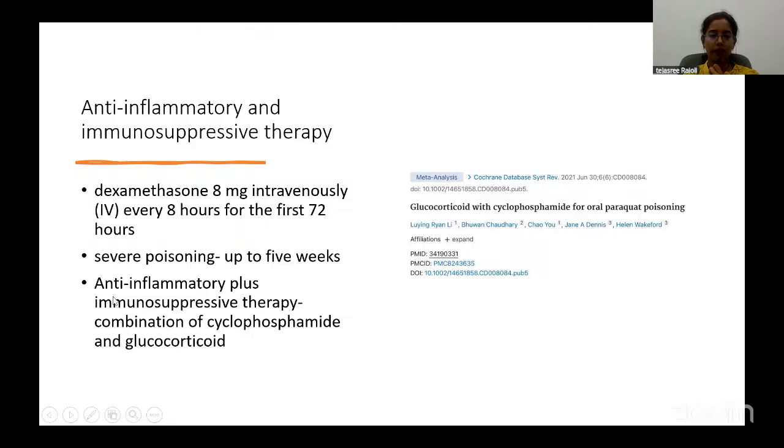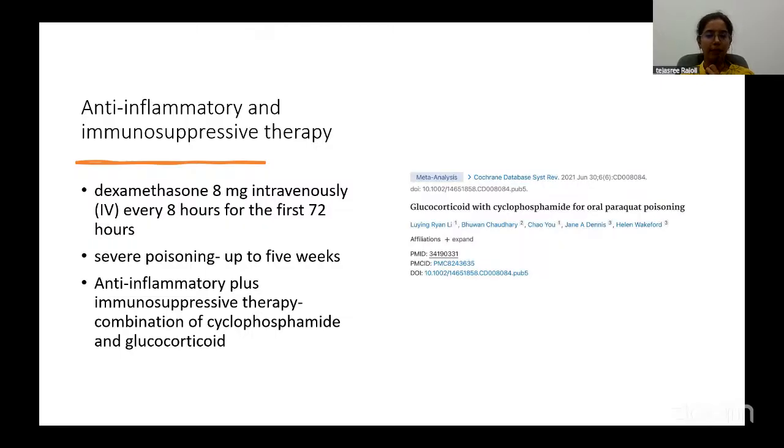Here, anti-inflammatory plus immunosuppressive therapy, that is cyclophosphamide with glucocorticoids, has been tried. A meta-analysis published in 2021 said there is no benefit from giving combination therapy.